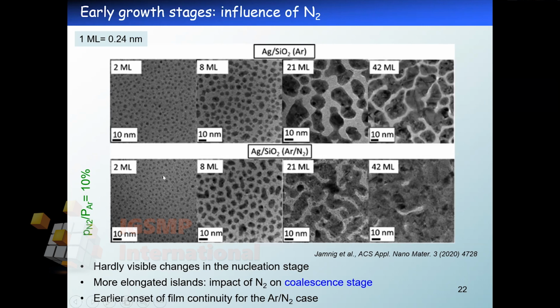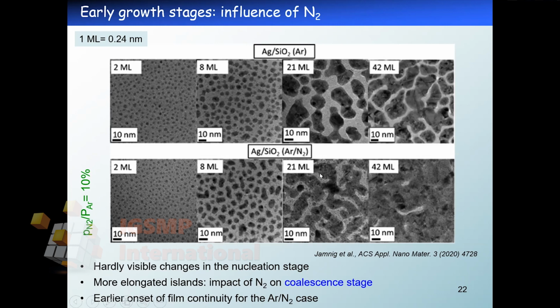So in the initial stage, it's hard to see some changes. So it's difficult to know if the presence of nitrogen will have an influence on the nucleation. But in the later stages, especially here where coalescence has started, you can notice we have already the formation of elongated islands due to the coalescence of islands.